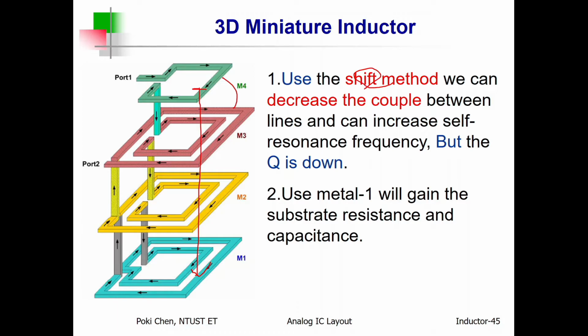Don't overlap them. Why? If they are overlapped directly, then the parasitic capacitance will be increased. So you need to have some kind of horizontal shift a little bit. Now, for example, my wire fits your space, and your wire fits my space. That's it. To reduce the overlap area between adjacent layers, that is the way to enhance the performance.